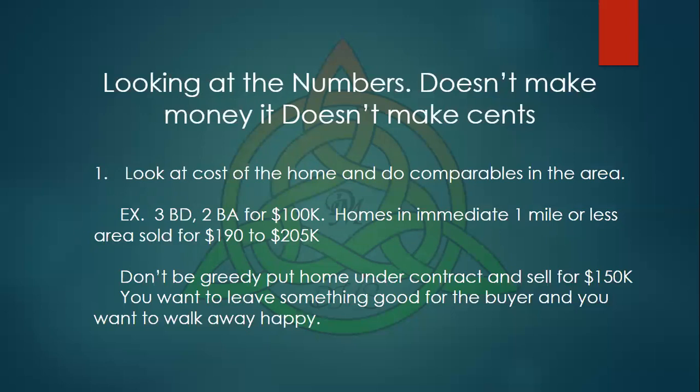That's just professional courtesy. But not only that, that definitely encourages your buyers to really want to take advantage of the deal quickly when you're able to tell them that you have nearly $50,000 or $40,000 of equity in that home. Don't be greedy. Put a home under contract and sell this one for 150. You want to leave something good for the buyer, and you want to walk away happy.